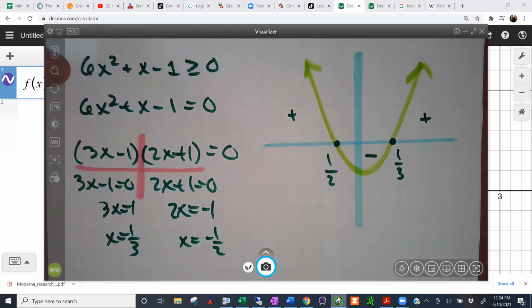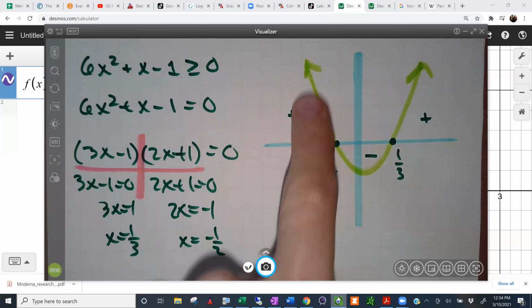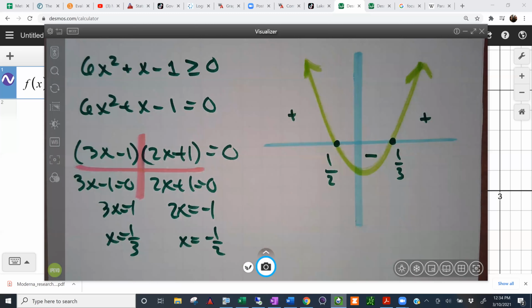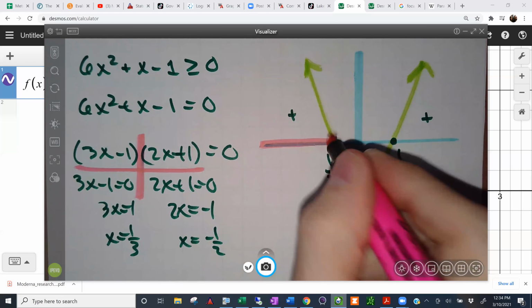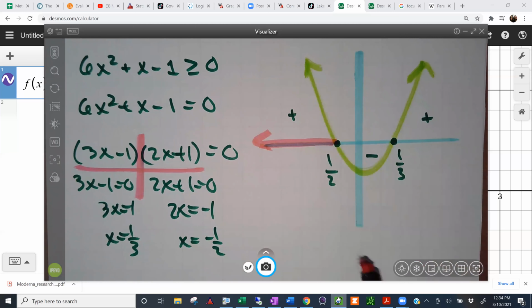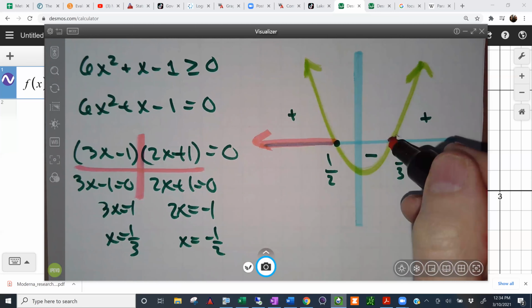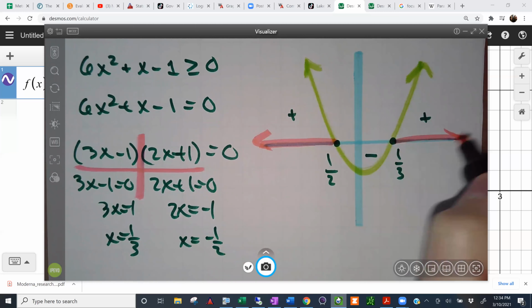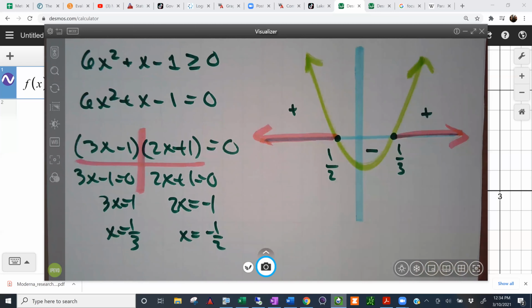Now your solution to this is the values of x that make the graph above the x-axis, make it positive. So I want everything to the left of negative 1/2 and everything to the right of 1/3. Those are going to be my solutions.